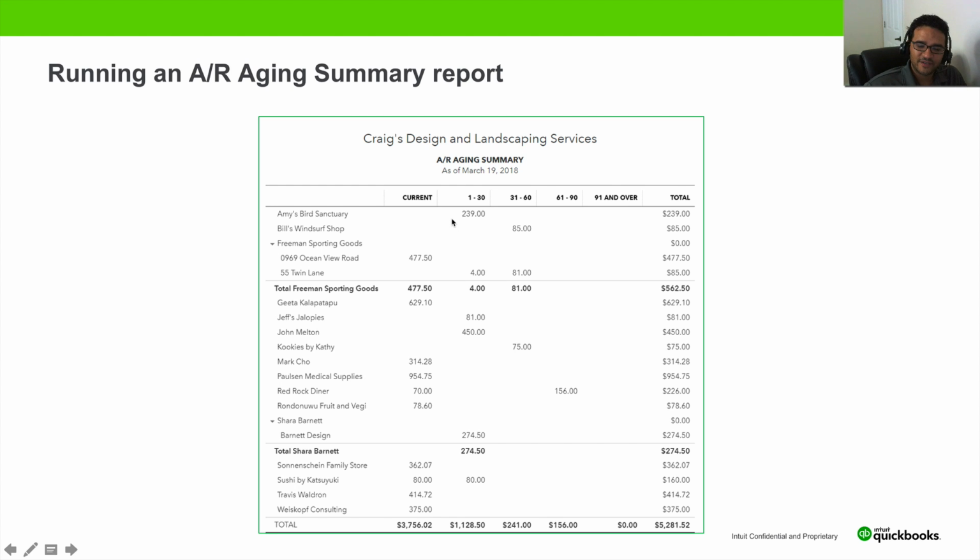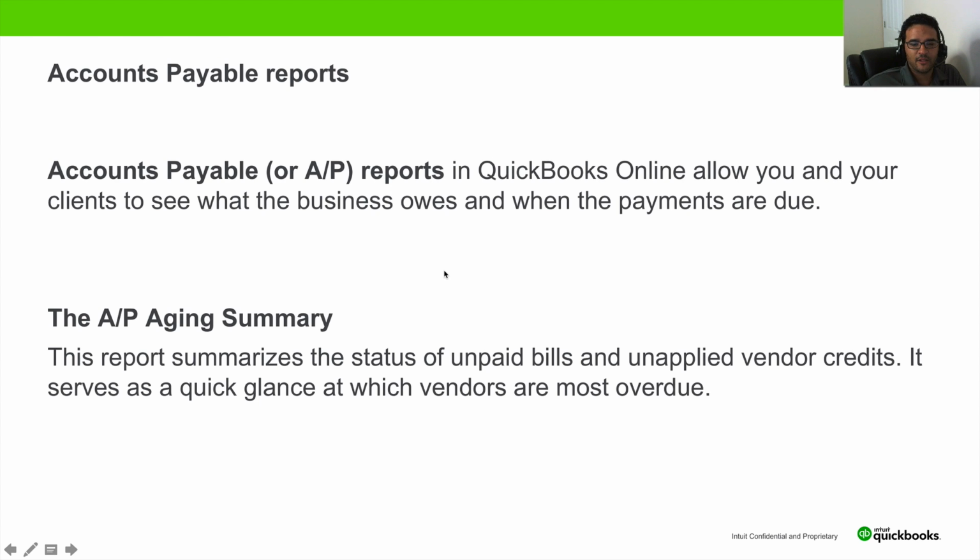So if the invoices are current, they would be under the current column. If they're late by 1 to 30 days or 31 to 60 days, you're going to see those dollar amounts organized by that column. So you can gauge more or less which customers are at risk of not paying you or defaulting because they haven't paid you in a long time.